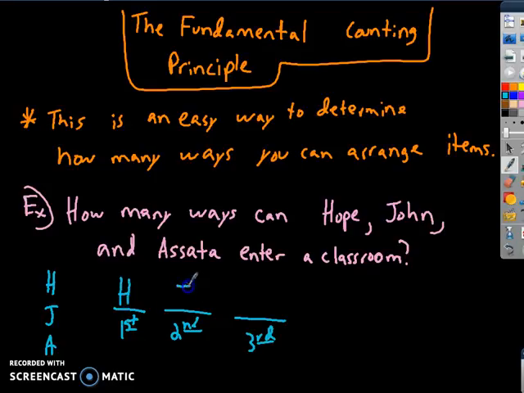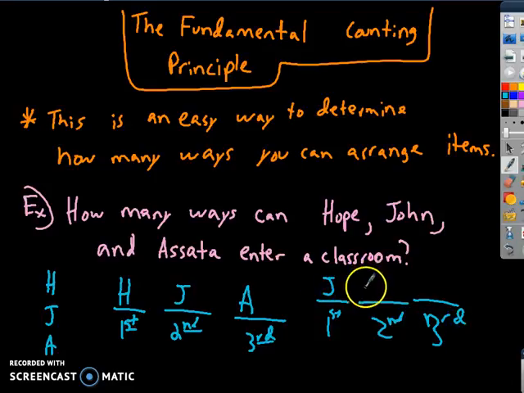Next person could be John. Next person could be Asada. And that's one way. Or you could have had John first, and then Hope, and then Asada. So you can see we keep coming up with lots and lots of different combinations of this.